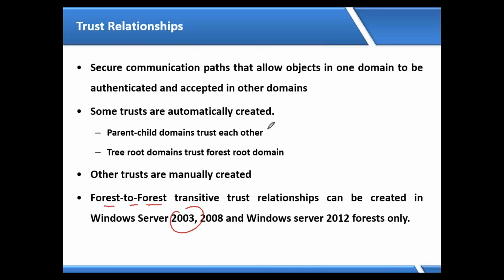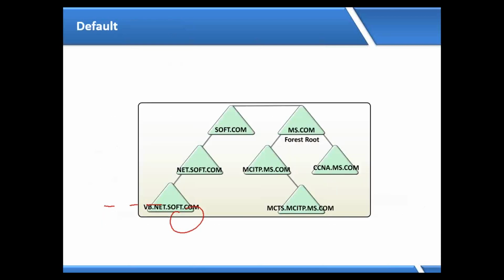As I said, there are different types of trust. The first type is called default trust. Now we have a forest here. Now this is a forest. You can see there are multiple domains, child domains, like this. Maybe I have a user here.